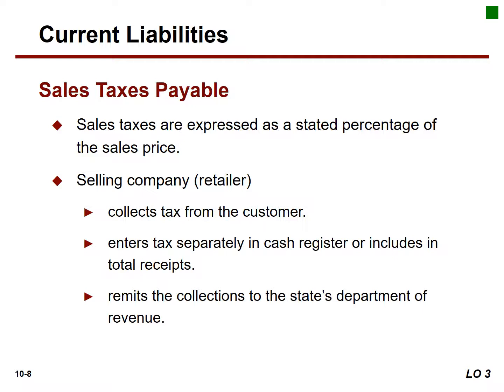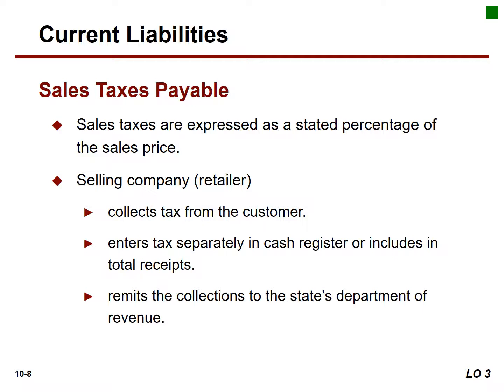All right, sales tax payable is another type of current liability. When we first talked about merchandising businesses in Chapter 5, we didn't deal with the sales tax issue because we had a wholesaler selling goods to a retailer, and sales taxes are only paid at the consumer level.